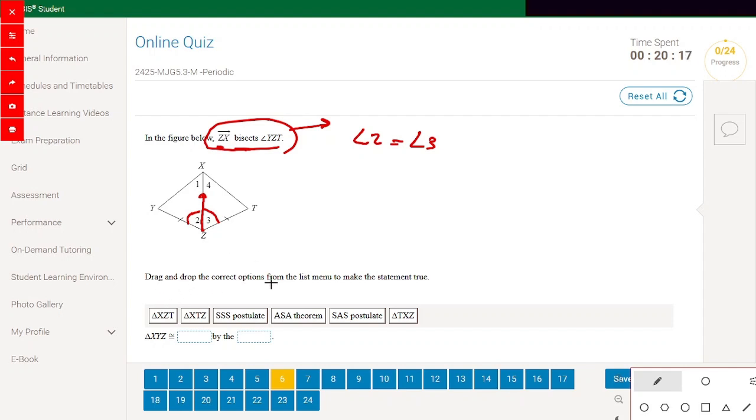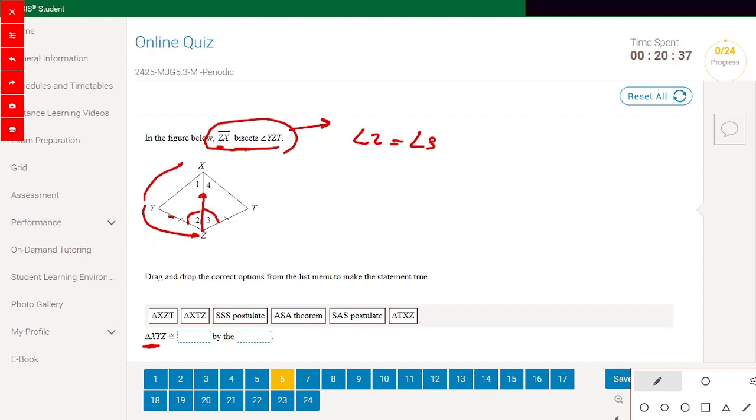Okay, drag and drop the correct option from the list menu to make the statement true. Now, triangle XYZ is congruent to which triangle? Okay, let's see here.